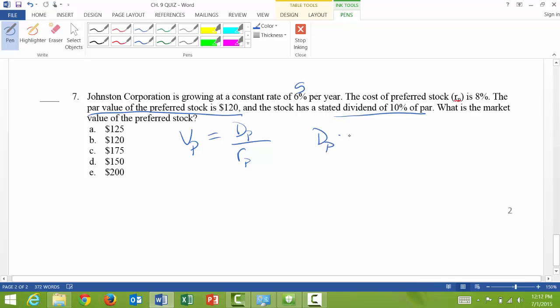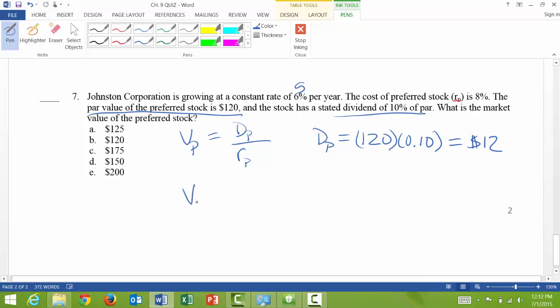It's kind of weird for a preferred stock, but $120 par value times 10%. And so the dividend amount for the year is $12.